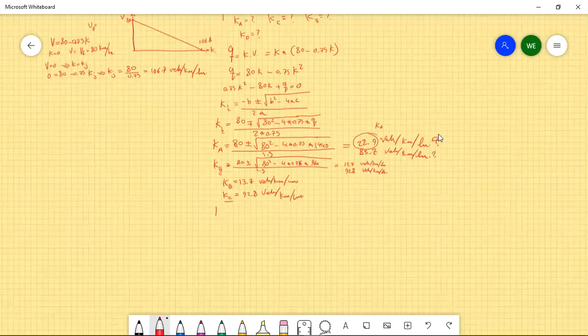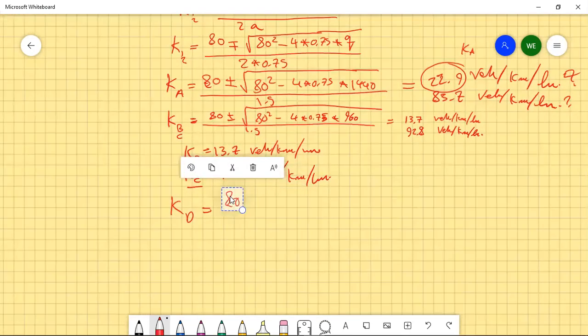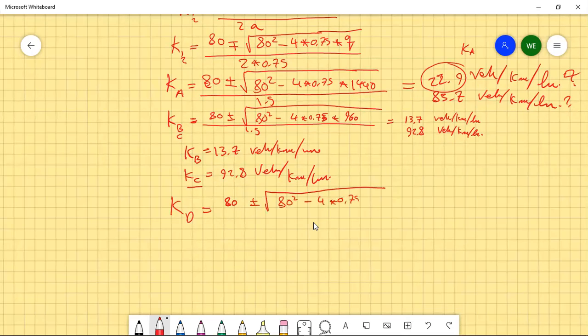KD equal 80 plus or minus square root of 80 squared minus 4 multiplied by 0.75 multiplied by 600. How much?